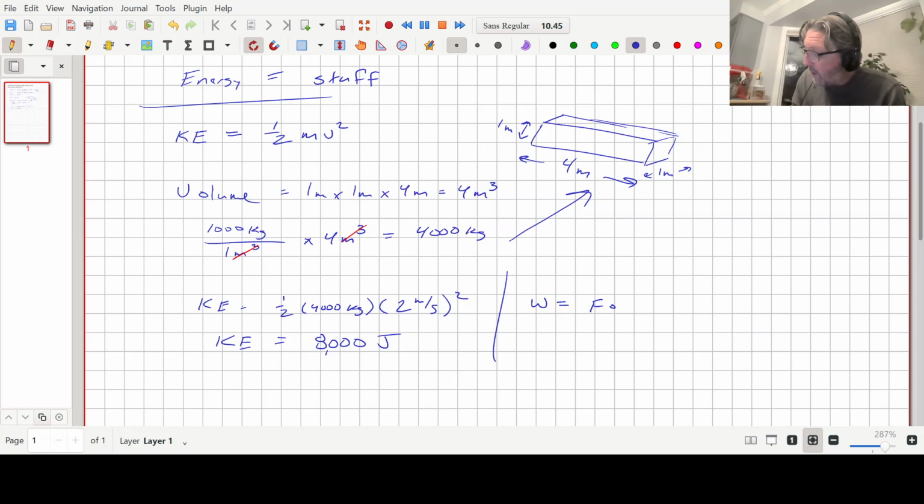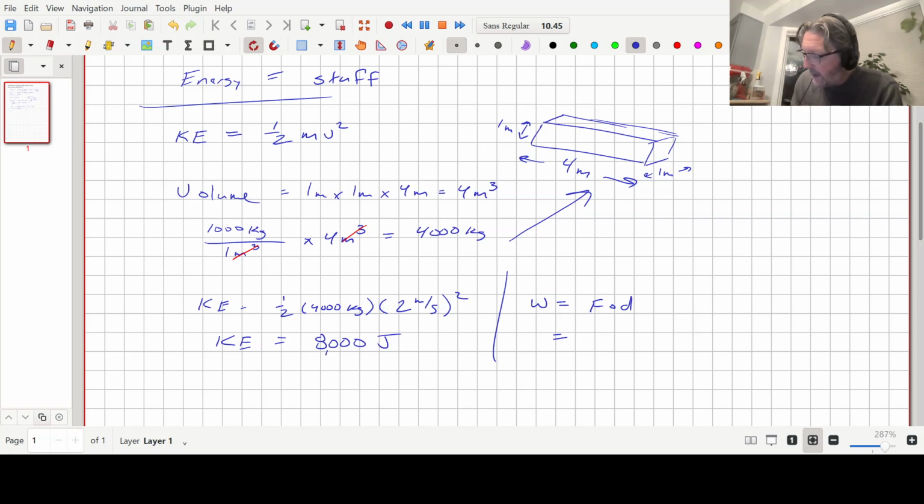You calculate work by taking the force that you have to use to move it times the displacement. Well, I know the displacement, it's 1.5 meters. And the force is equal to the mass of the stuff times how strong gravity is, because that's how much I have to oppose in order to lift it or drop it.